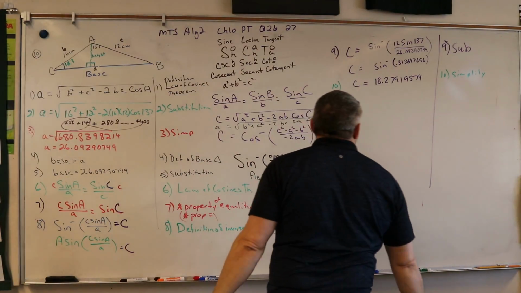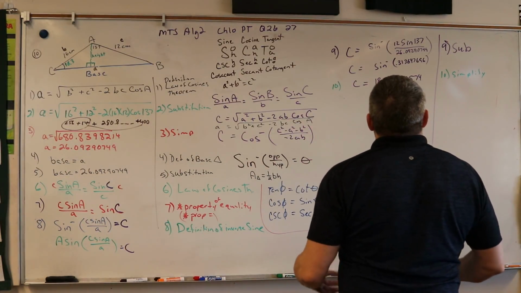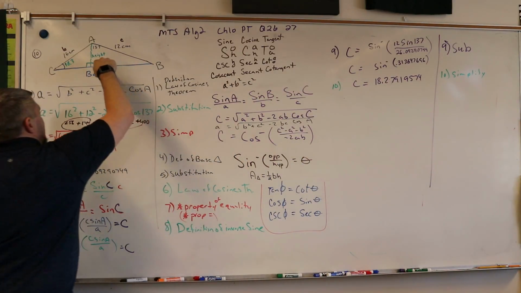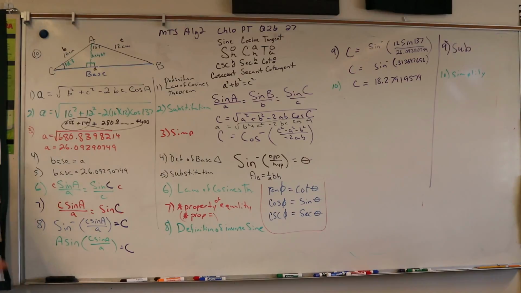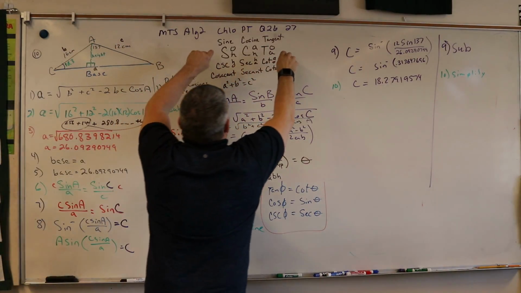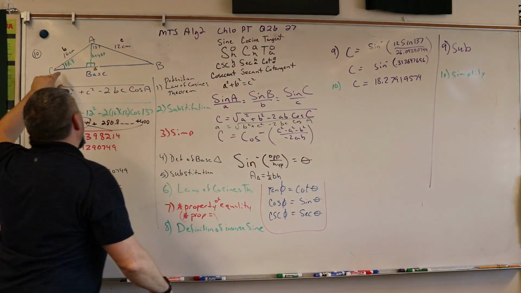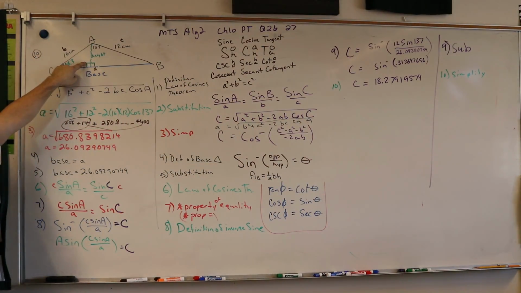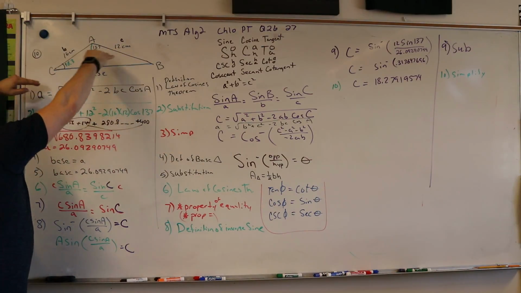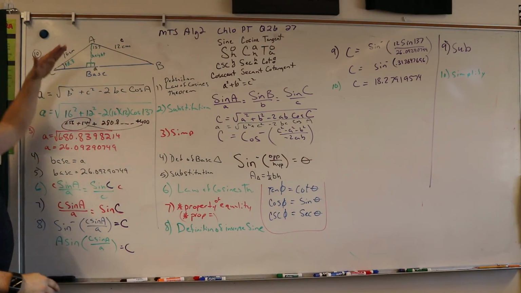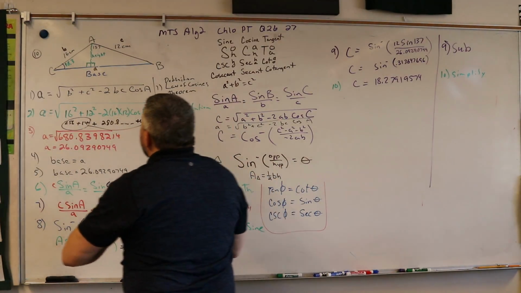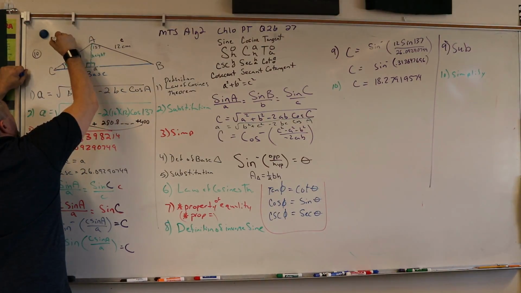Now, what we do now is we want to find the height. The whole key is base times height. Now I can use SOHCAHTOA right here to find the height. Because what uses the opposite and the hypotenuse? Okay? So think about this. I have this triangle right here.